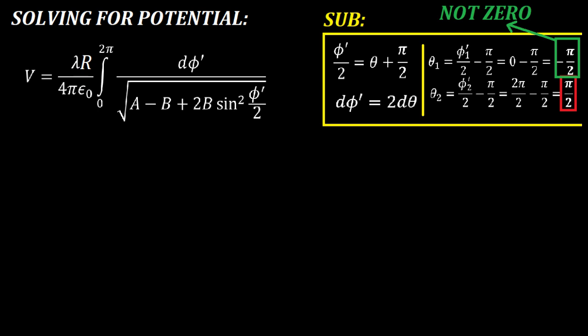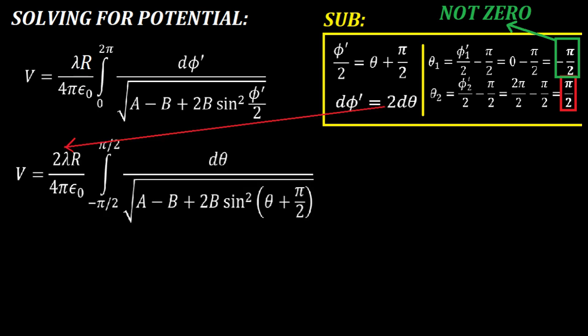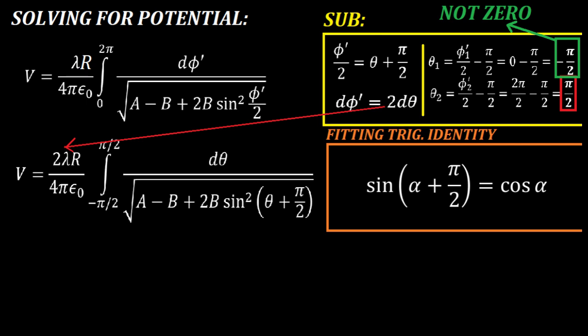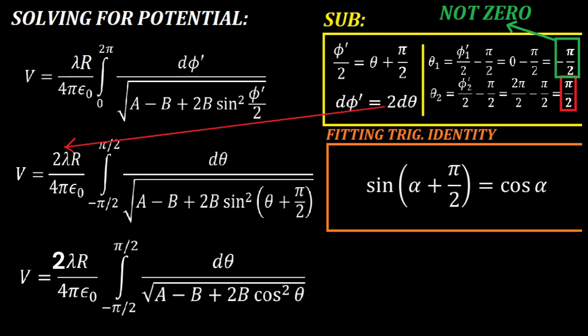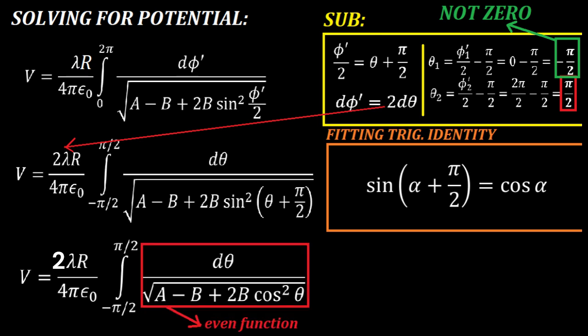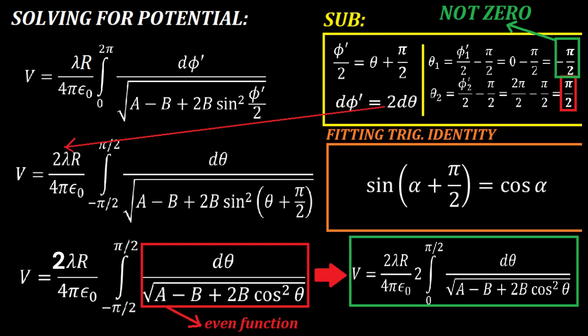However, if we plug the substitution into the integral, we can see this sine squared of theta plus pi over 2. Using the fitting trigonometric identity, this is equal to cosine squared of theta. Now this is an even function under the integral, and the limits are symmetric, so we can write this integral from minus pi over 2 to pi over 2 as 2 times the integral from 0 to pi over 2.